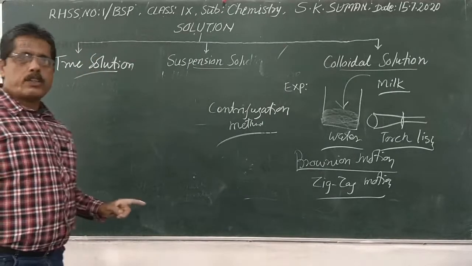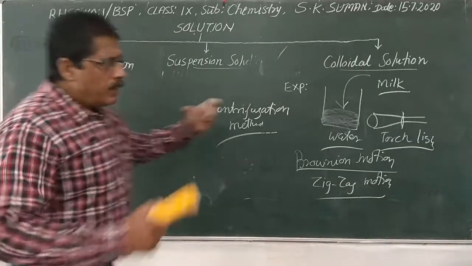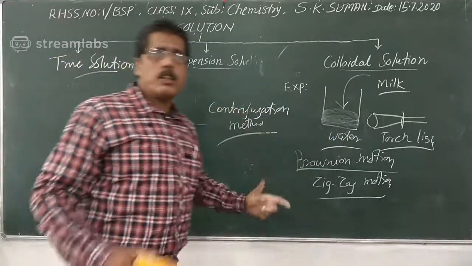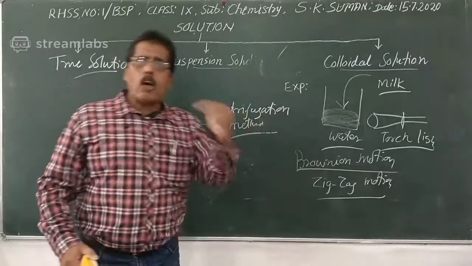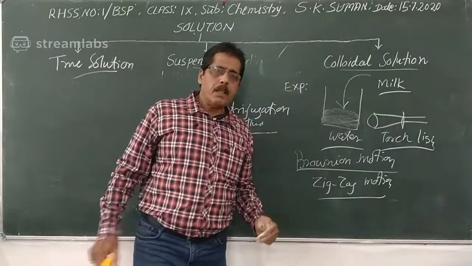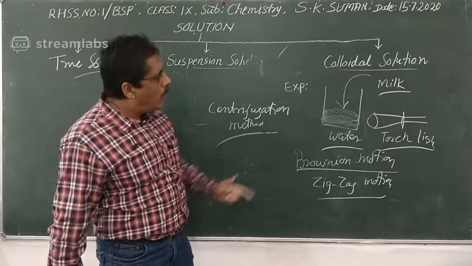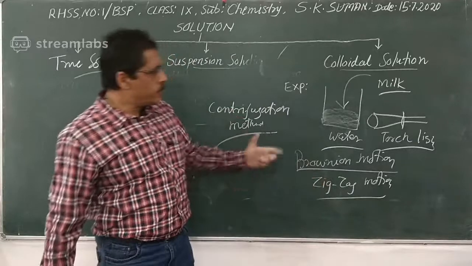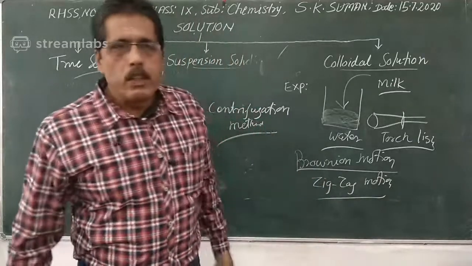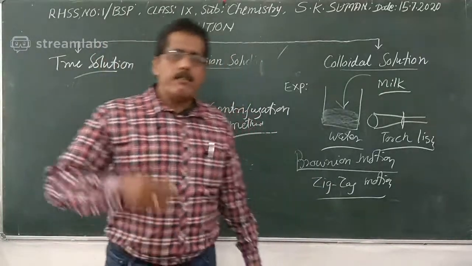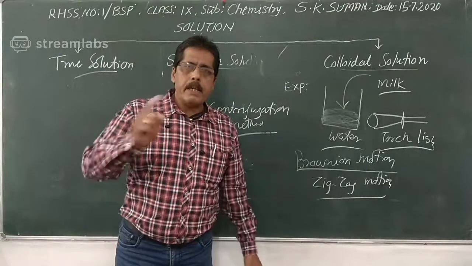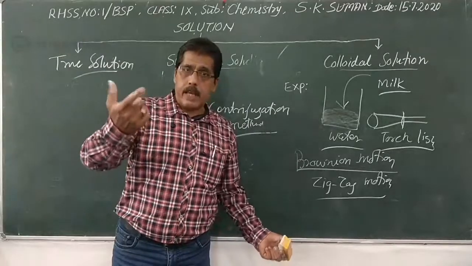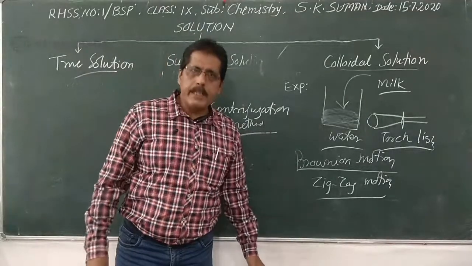Okay, so dear students, this was all about solution. Today we have discussed the different types of solution based on the size of the particle, and no doubt we are discussing this in chemistry, so we will also keep in our mind the chemical nature, the chemical behavior of the substance. Based on the size of the particle, the solution can be divided into three categories.